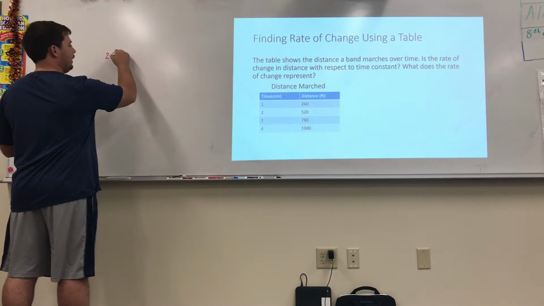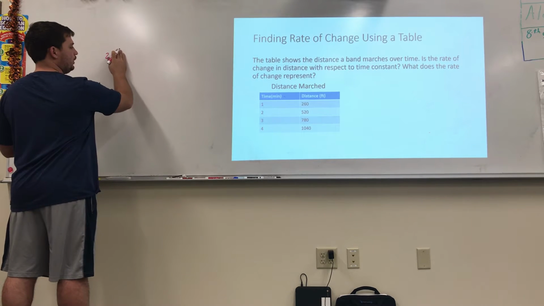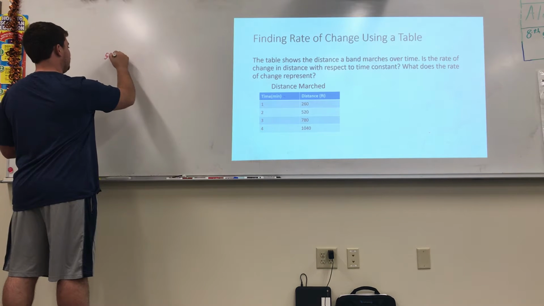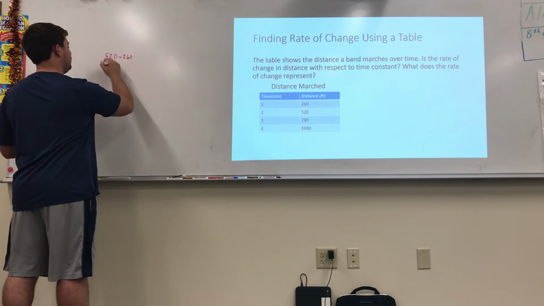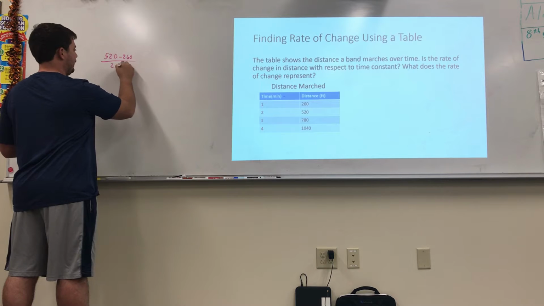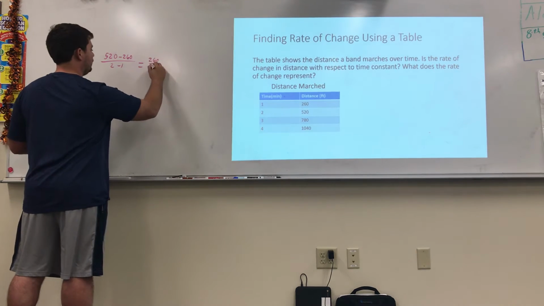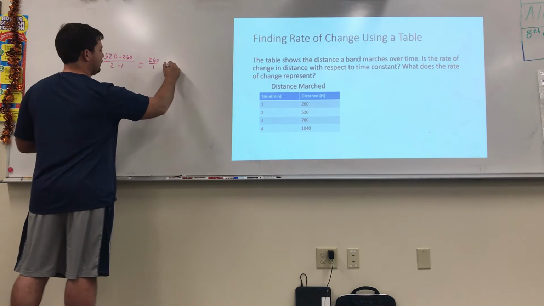So 2 minus 1 is going to go on the bottom. So we're going to go 520 minus 260 over 2 minus 1. You're going to get 260 over 1.